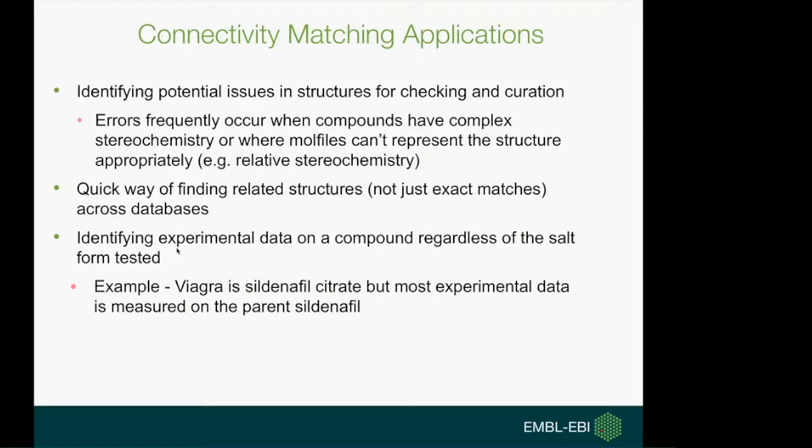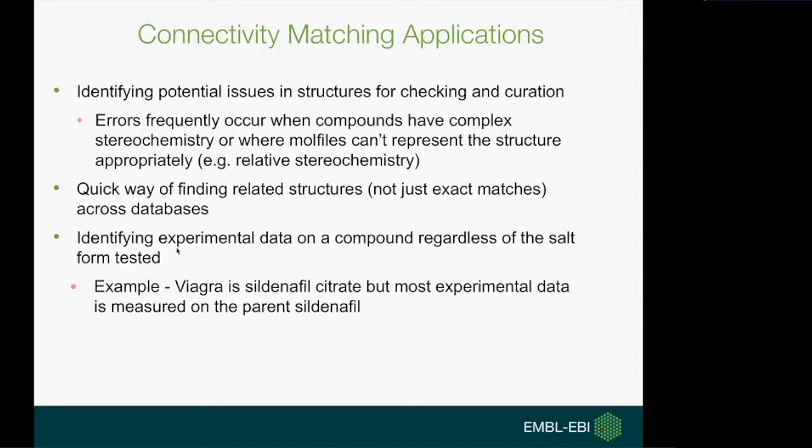I think there are probably a number of applications of this sort of thing, and hopefully you'll be able to identify your own example. But to me, the sorts of things we've been using it for is identifying potential issues when you're trying to check structures and curate them, because we all know that a lot of these molecules have very complex stereochemistry, and with the best will in the world, we don't always get all of them right all of the time.